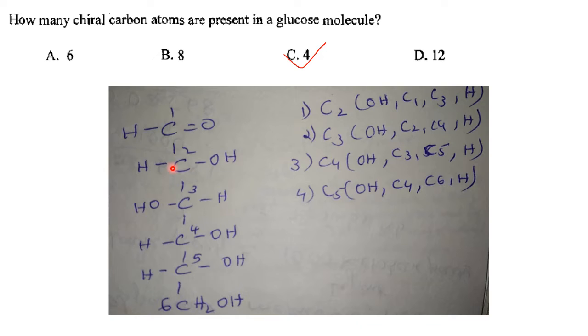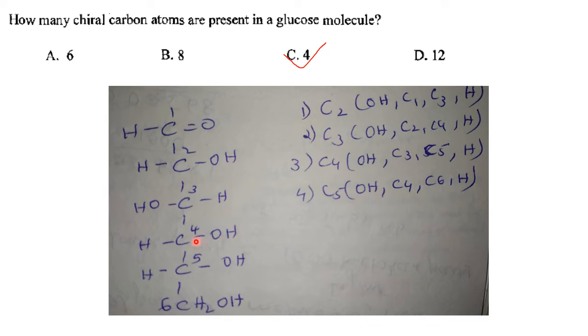carbon atom, that is, this is the second carbon atom to which OH, C3, C1 and H are attached. Then you have got the C3 carbon atom to which OH, C2, C4 and H atoms are attached.